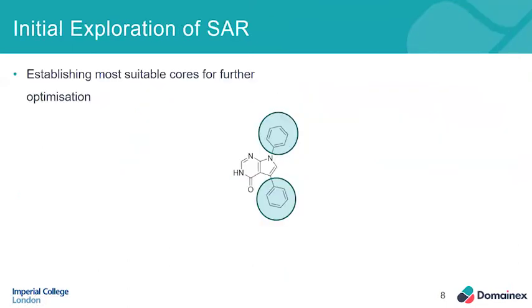So before beginning to optimize the molecules, what we did was a little bit of work looking to see whether we could replace the phenyl rings with heterocycles and therefore identify which was the most suitable core for further elaboration. To that extent, you can replace the phenyl ring in the front pocket with either 4-pyridyl or 3-pyrazyl groups, and these show slightly improved potency.